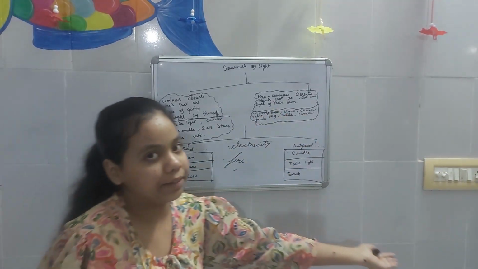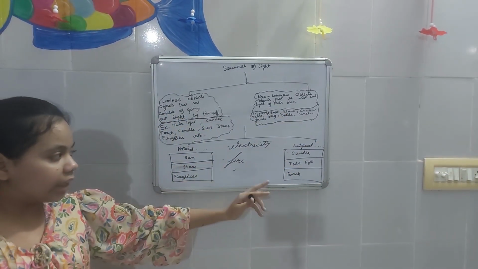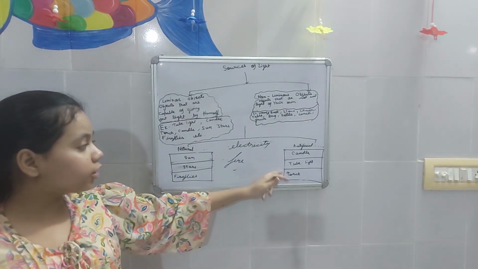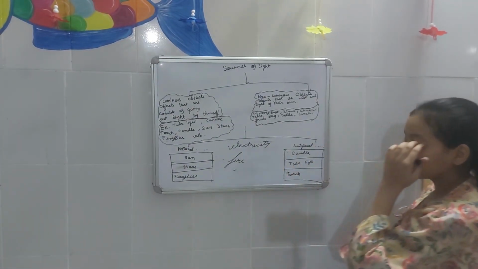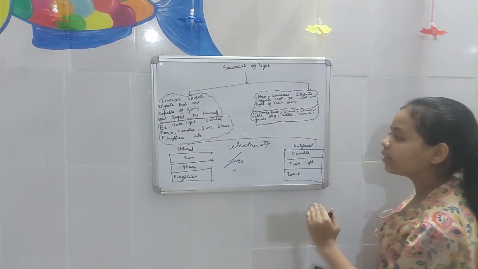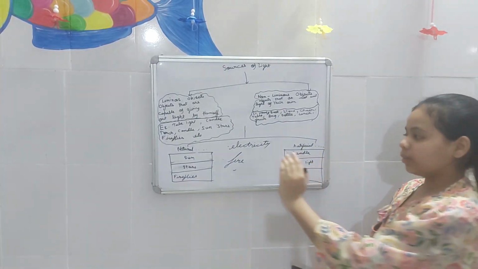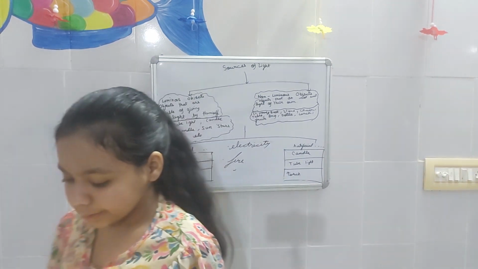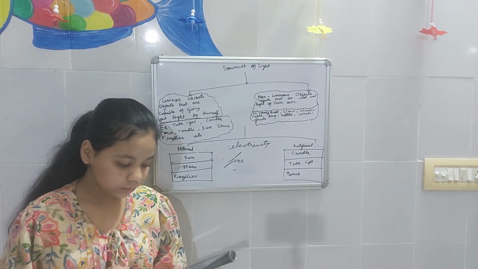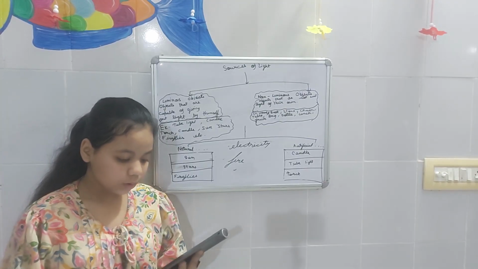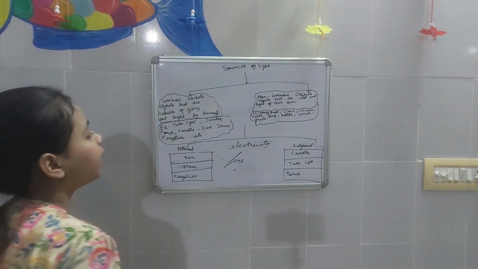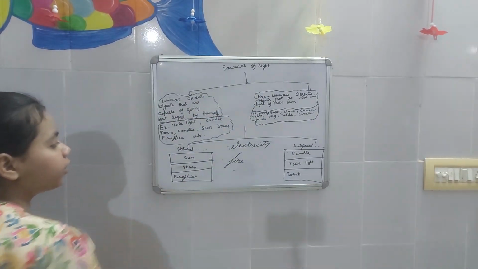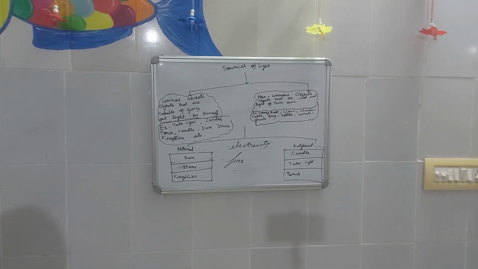So torch is interconnected with electricity, tube light is interconnected with electricity, but candle is connected with fire. Okay. I hope this much is clear to you. If you want to write any of these things, you can write. Then we will proceed to our facts.